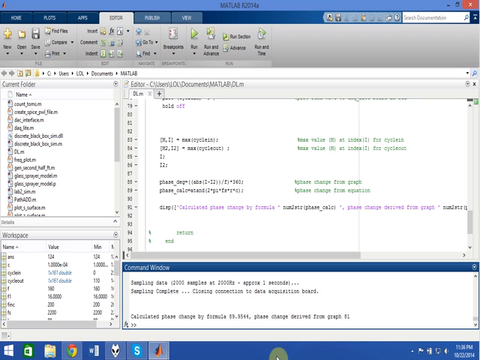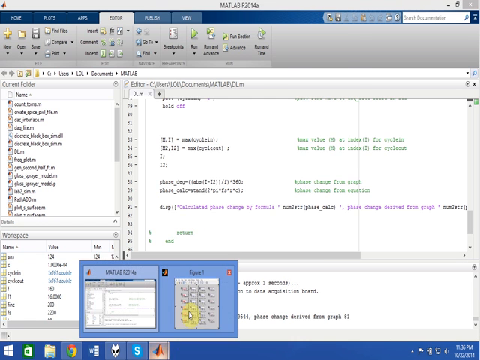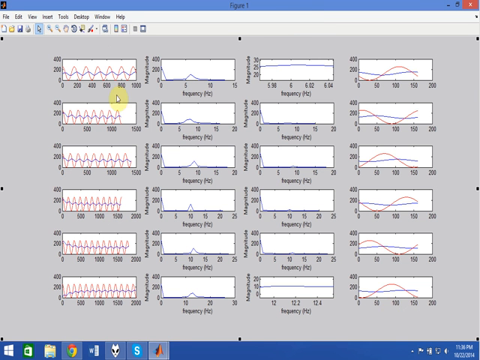After each sample I run, basically, you can actually see that the calculated phase change by formula was 89, which is the last one that I'm reading. You can clearly see that the highest amplitude of the blue, which we are reading, is about half of the sinusoid, half of the signal we're sending.